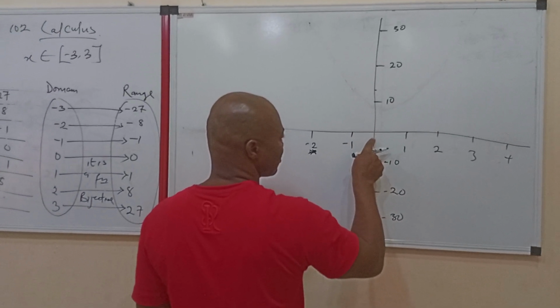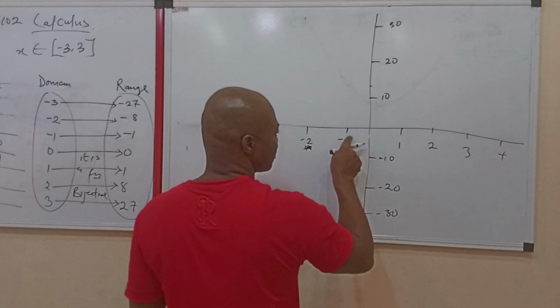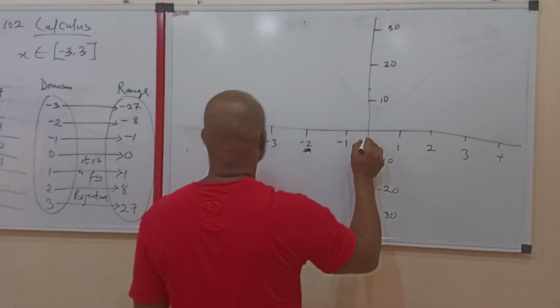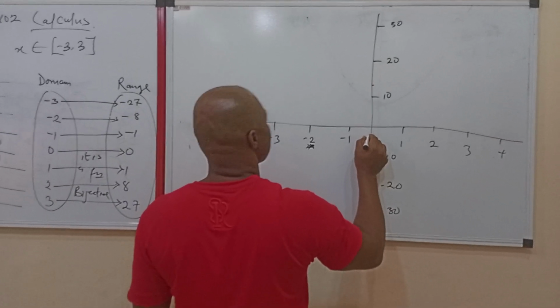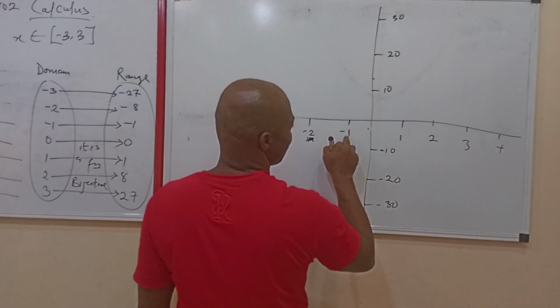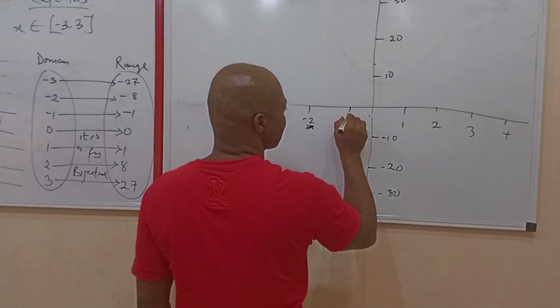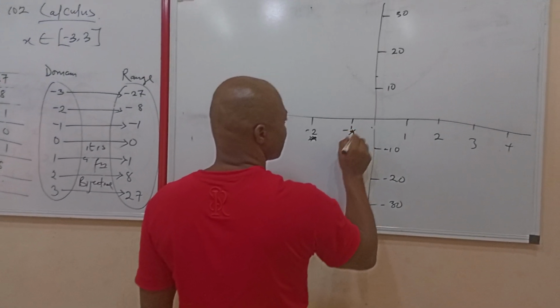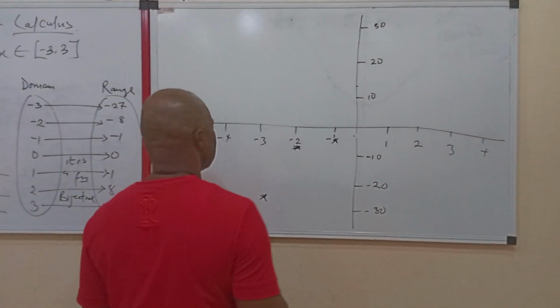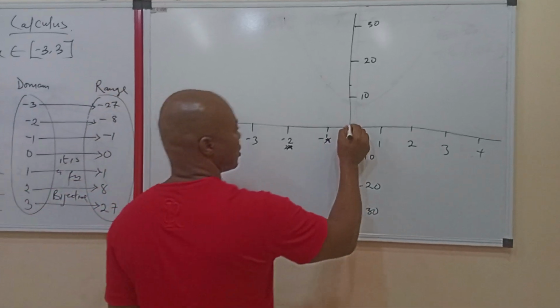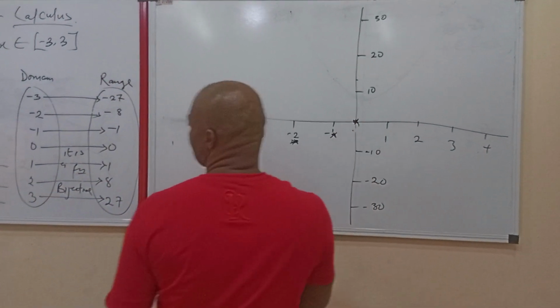So somewhere here, when x is -1, this one is also -1. Then when x is 0, this one is also 0.